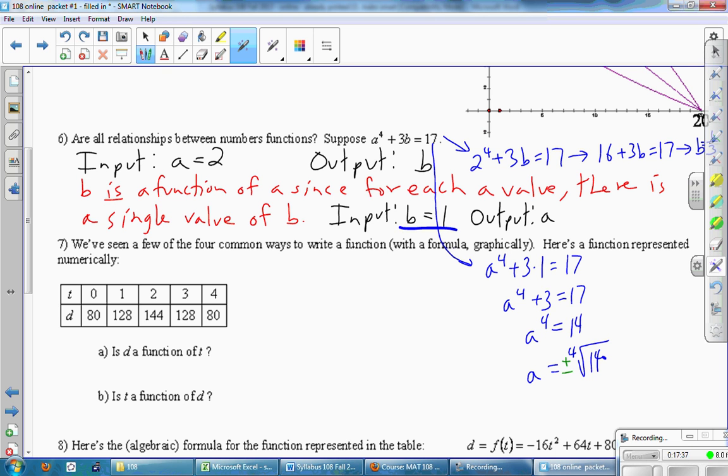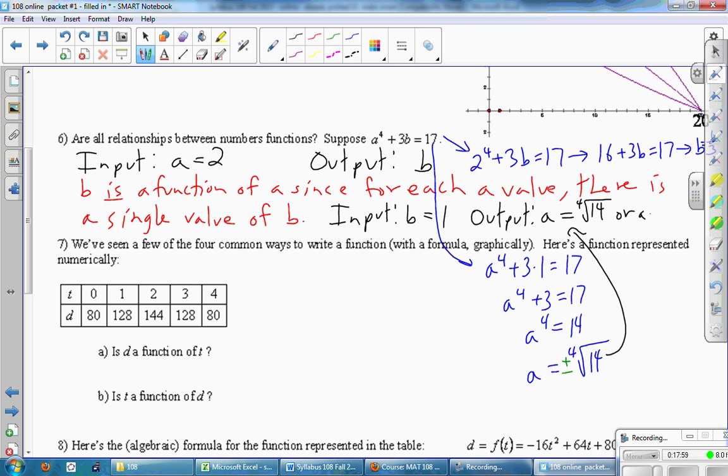So on the one hand, somebody could have said, if b is 1, then a is equal to the fourth root of 14. But a different person could say, wait a minute. If b is 1, then I get a as the negative fourth root of 14. And that's a problem. Looking at our work, we see that the value of a is either the fourth root of 14 or negative fourth root of 14.